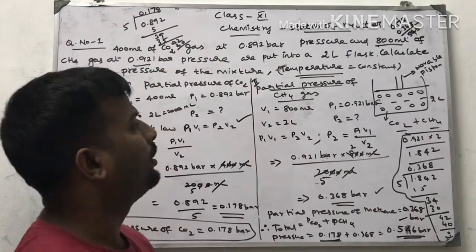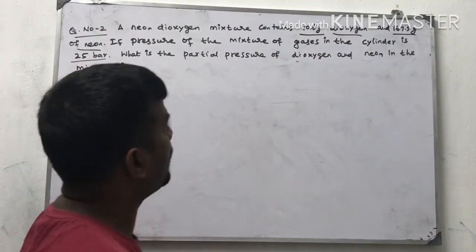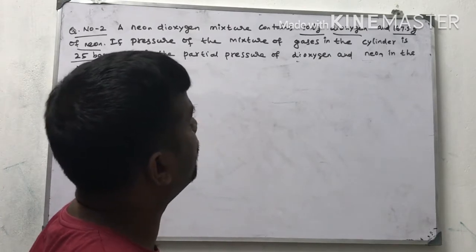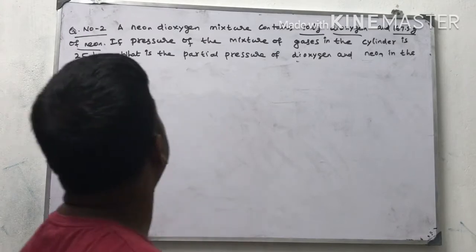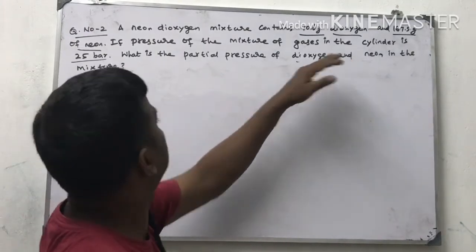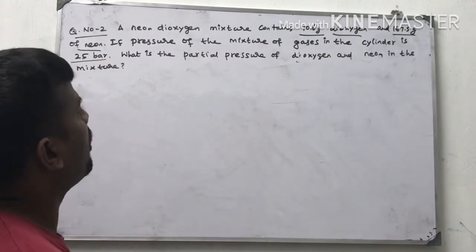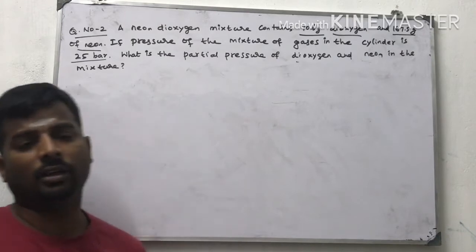This is the answer. A neon dioxygen mixture contains 70.6 gram dioxygen and 167.5 gram of neon. If the pressure of the mixture of gases in the cylinder is 25 bar, what is the partial pressure of dioxygen and neon? Here they are giving the total pressure.